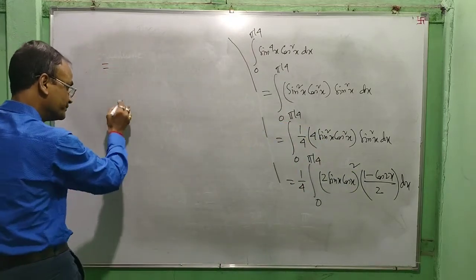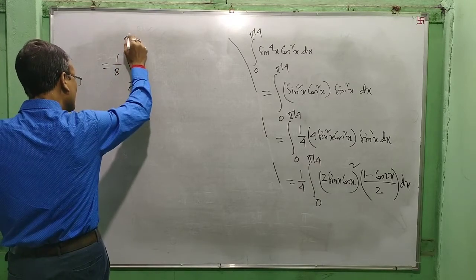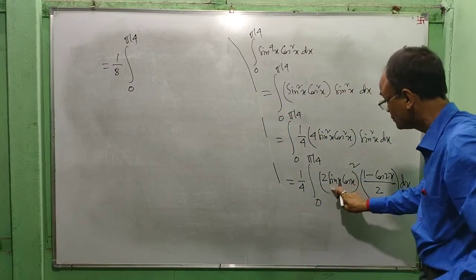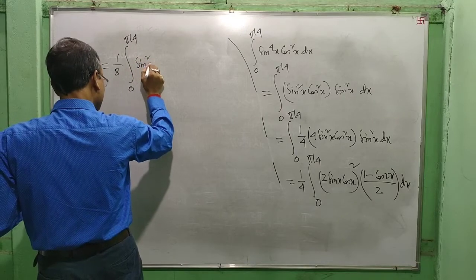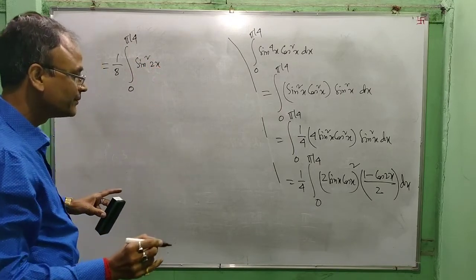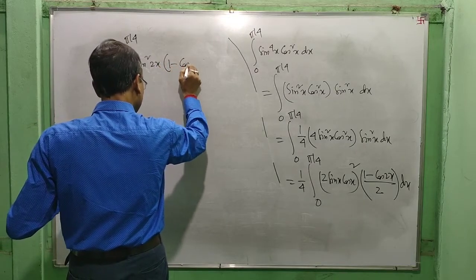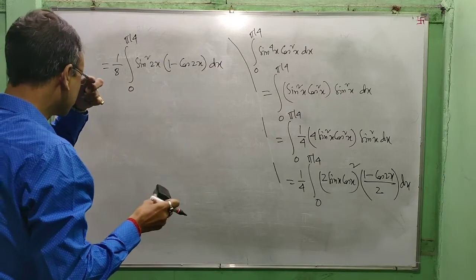This is equal to 1 by 8, integral 0 to pi by 4, sin square twice x into 1 minus cos twice x dx.